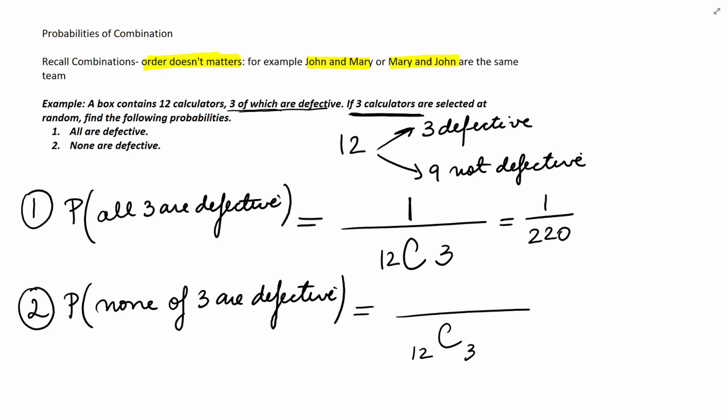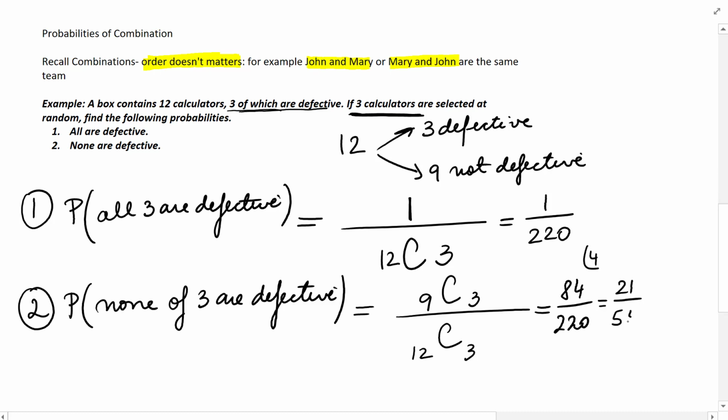So that would be combination of 9 calculators that are not defective, and we take 3 of them. So then if we do the math, we get 84 out of 220. If we divide by 4, we get 21 over 55.